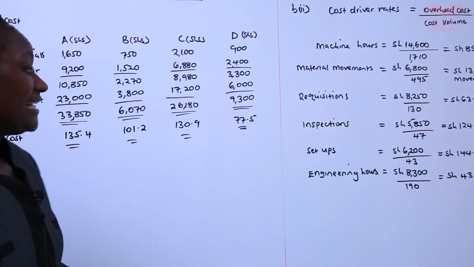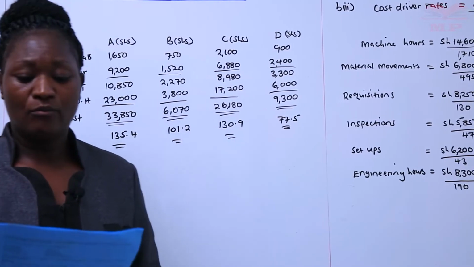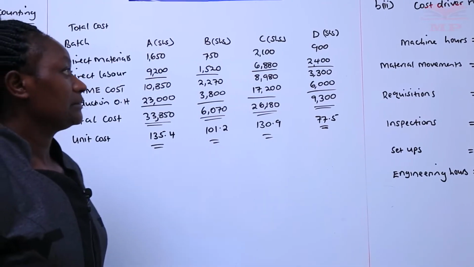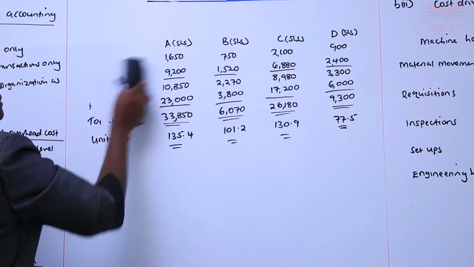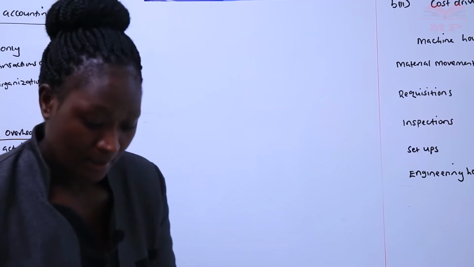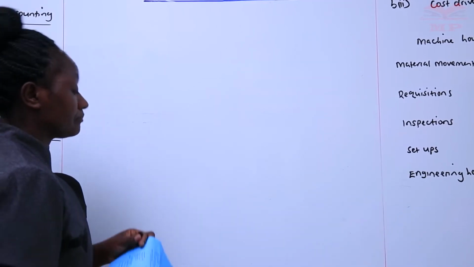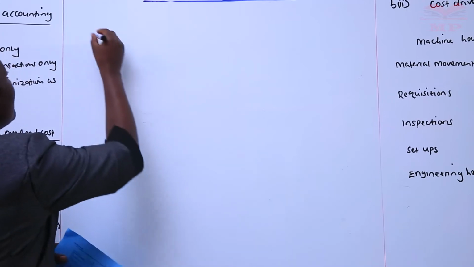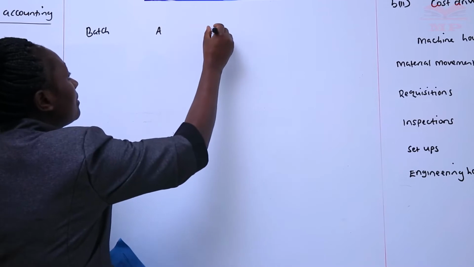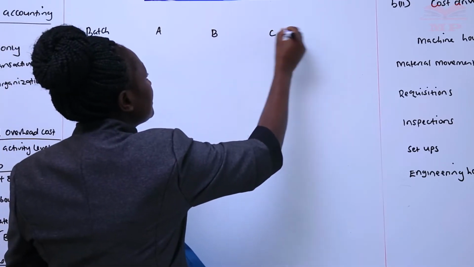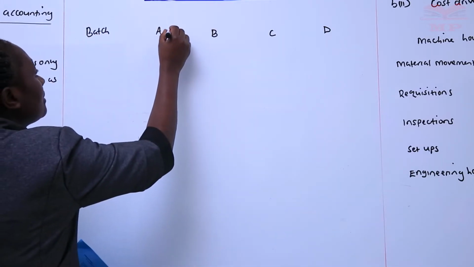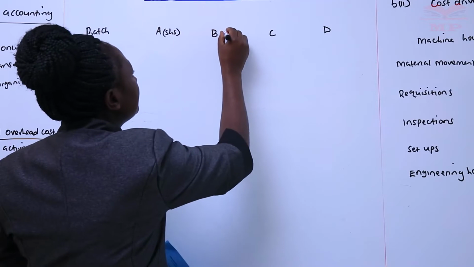After calculating the cost driver rates, we now move on to calculating the total cost for the batches. We now continue. So we have batch A, B, C, and D, and the values will be in shillings.